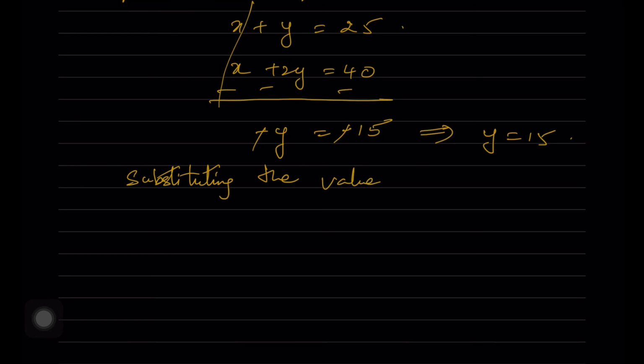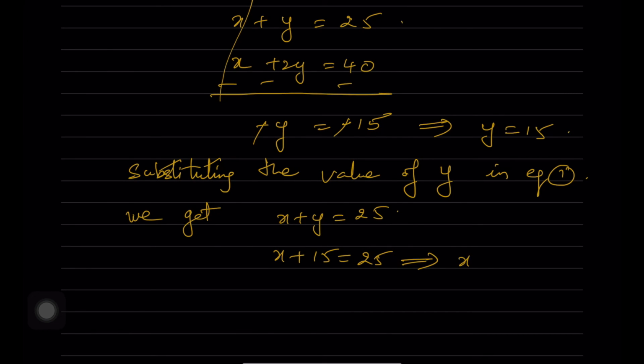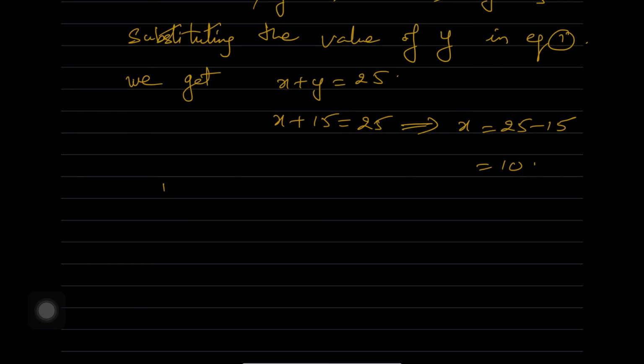Substituting this value of y in equation 1, we get x plus 15 is equal to 25. That is x is equal to 25 minus 15, which is equal to 10. So therefore x is equal to 10 and y is equal to 15. So Meena received 10 notes of 50 rupees and 15 notes of 100 rupees.